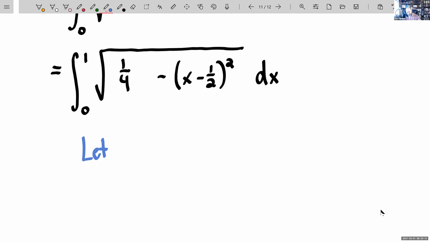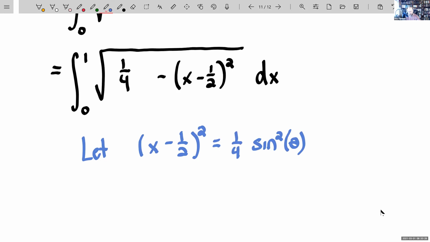So I'm going to go ahead and let the quantity x minus 1/2 squared be sort of like a sine squared, but I don't want it to just be a sine squared because I don't know what 1/4 minus sine squared is. So I'm going to tack on a 1/4 to the coefficient. So 1/4 minus 1/4 sine squared. I can factor out the fourth, and I have 1 minus sine squared. That's a cosine squared.